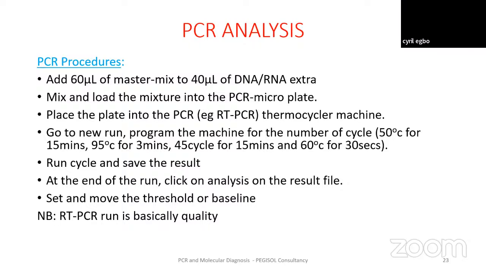And the machine will now be programmed for a number of cycles, either 30 cycles, 40 cycles, 50 cycles, 45 cycles, but the ideal is between 40 to 45 to be able to make billions of copies of DNA or RNA. Then the last program is 60 degrees centigrade for 30 seconds.